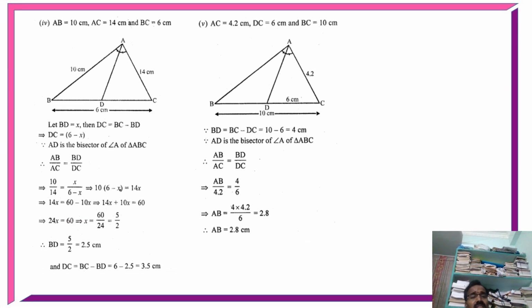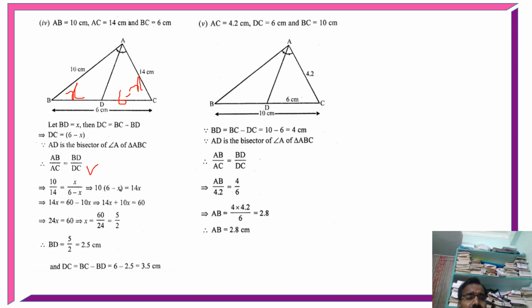Angle bisector theorem only, the same concept. If it divides in the same ratio, AB by AC equals BD by DC by the angle bisector theorem. But here BC is given as 6. If we take BD as X, DC will become 6 minus X. AB is given 10 and AC is given 14.